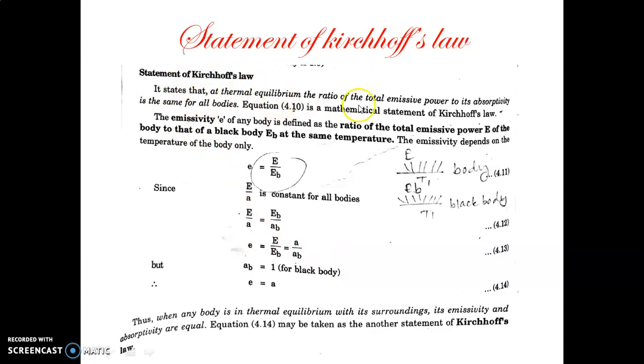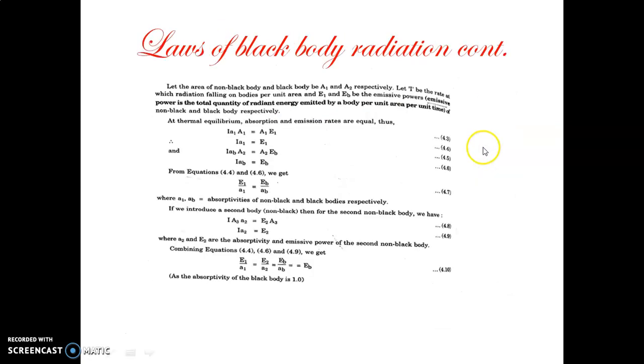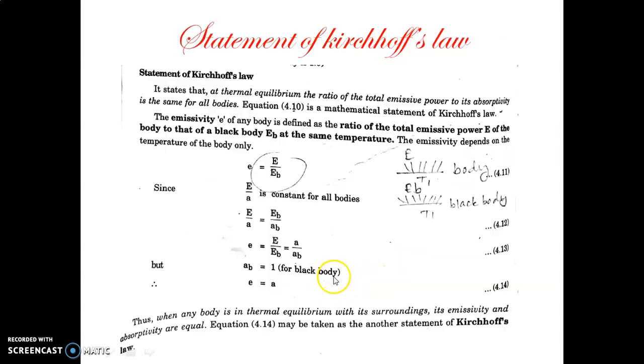It states that at thermal equilibrium the ratio of total emissive power to the absorptivity is the same for all bodies, and equation 4.10 is called the mathematical statement of Kirchhoff's law. At thermal equilibrium, emission rate and absorption rate are equal for all bodies, whether black body or non-black body. So this is statement 1.